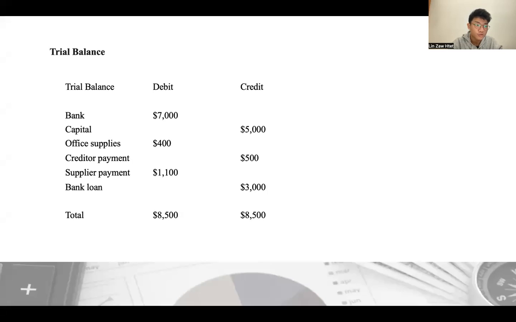A trial balance is used in bookkeeping to list all balances in your business's general ledger accounts. There are two columns in it, one for the credit balance and one for the debit balance. The total in each column needs to be equal in order to maintain the balance. The trial balance provides an easy way to verify that every transaction had a corresponding credit and debit.